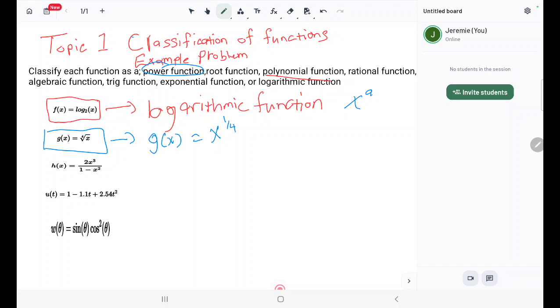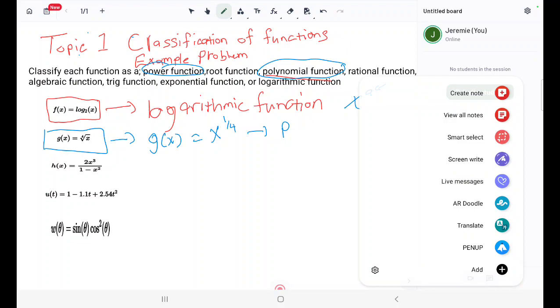That's the definition. Interestingly enough, a polynomial function can be written in a way like this as well, as long as a is an integer power. In this case, a is not an integer power, so this cannot be a polynomial function. And every polynomial function happens to also be a rational function, but again, in this case, neither one of those applies. So in this particular example, this is really just a power function.